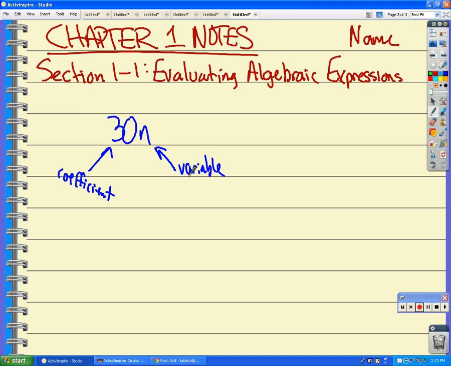And so the fancy word for something staying the same is constant. So the number in that is also called the constant, because that's not going to change. The 30 is always going to stay as a 30. The n can be whatever we would like it to be, because we have that power. Okay? All right, so that makes sense?